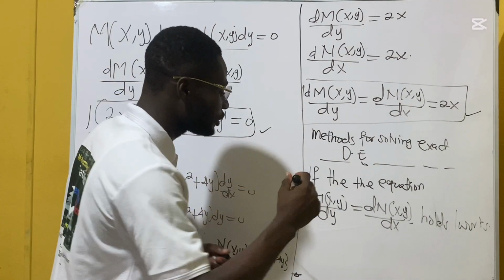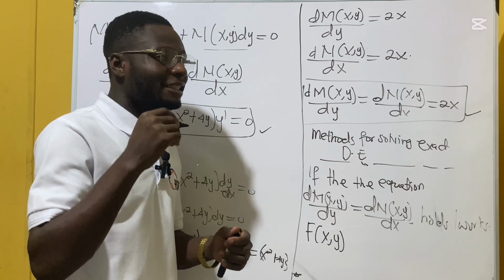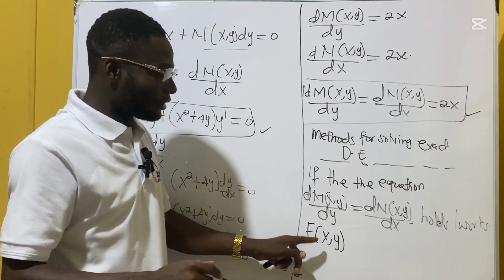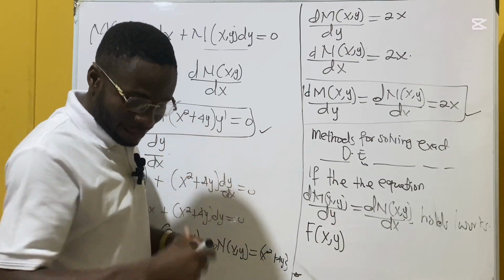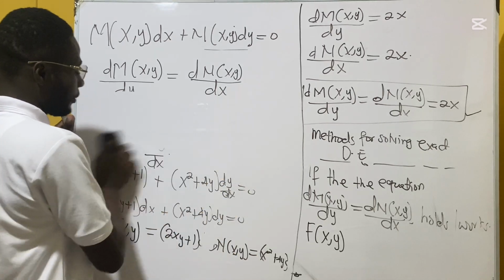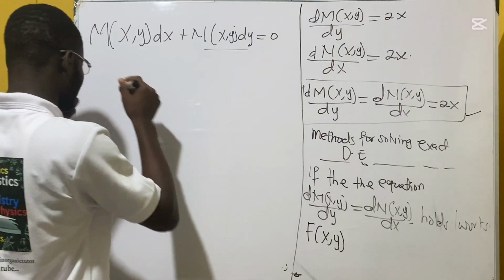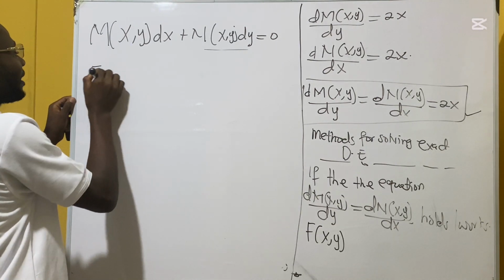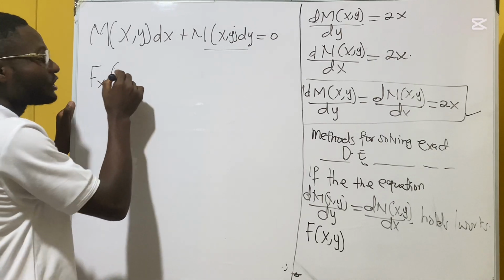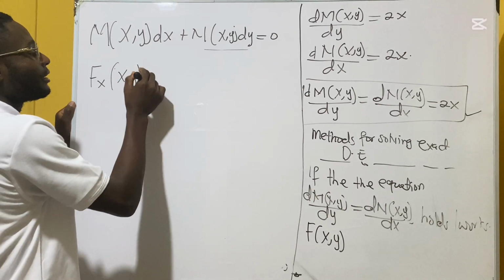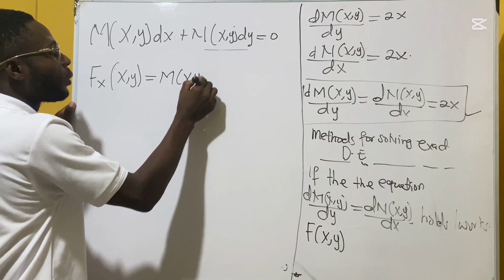There exists a function, say f of x and y, such that the first differential of the function with respect to x, f sub x of x and y, is equal to M of x and y.